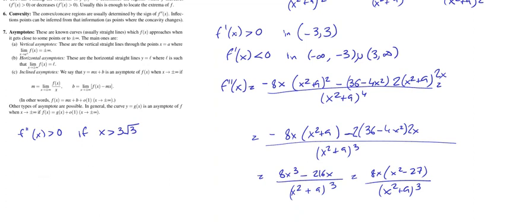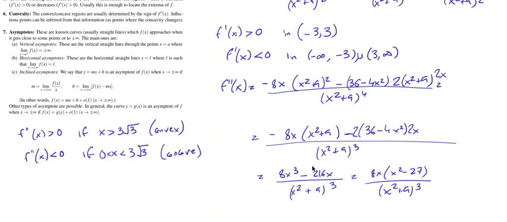So this is going to be positive here. So convex, right? The function is going to be convex. And it's going to be negative if x is between 0 and 3 square root of 3. Okay, this is concave, right? And we don't really need to care about the negative side because it's going to be minus that, right?